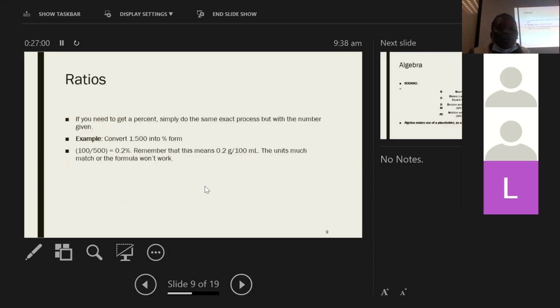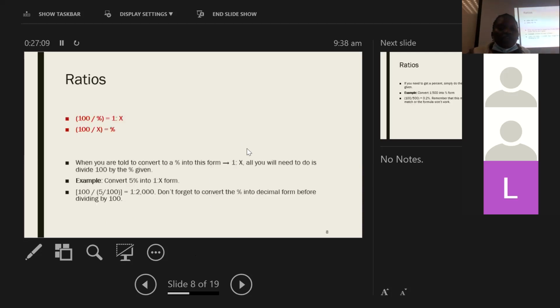So the next one is putting the ratio that you have into percentage form. Okay, so then the basic calculation here is we're going to take our 100 over x, right? And then that should equal the percentage.